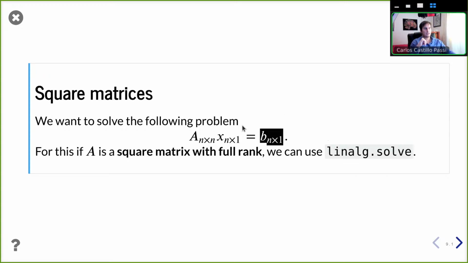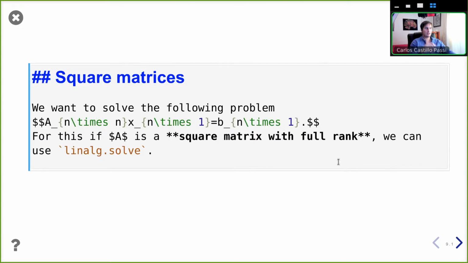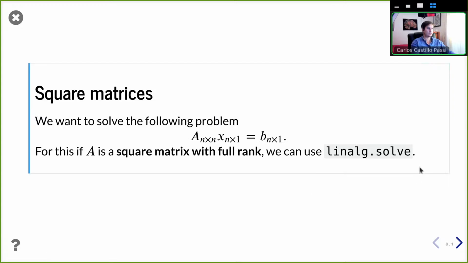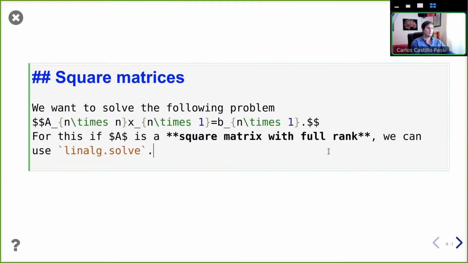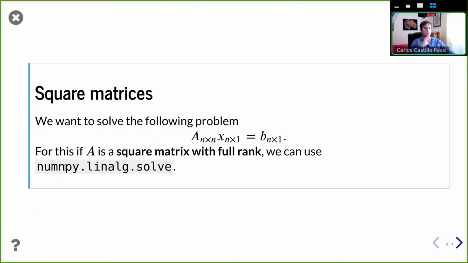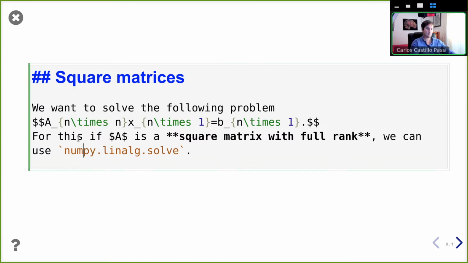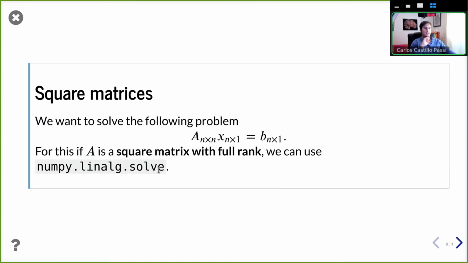And we can solve this only if the square matrix has full rank, or the rank of the matrix equals n in this case. And we can do that by using linear algebra solve, a function from NumPy: numpy.linalg.solve.